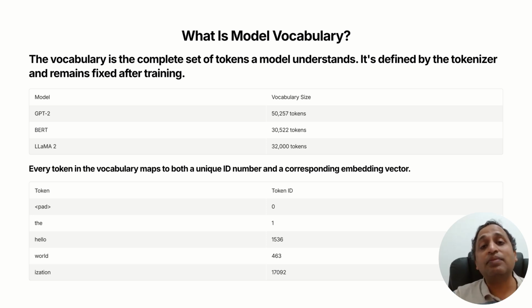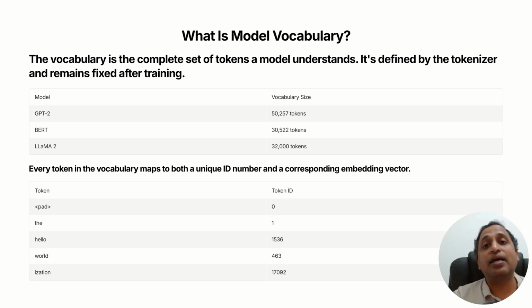You can see some examples in the table below, where different words have different token IDs. These token IDs are just placeholders. The model uses them to look up, for example, a vector from its embedding table, basically a learned meaning for each token. We'll talk about embeddings in another session, but in this session we'll focus on tokenization.